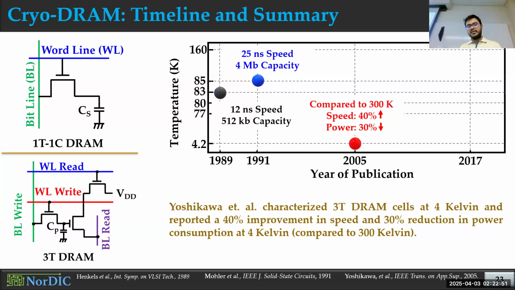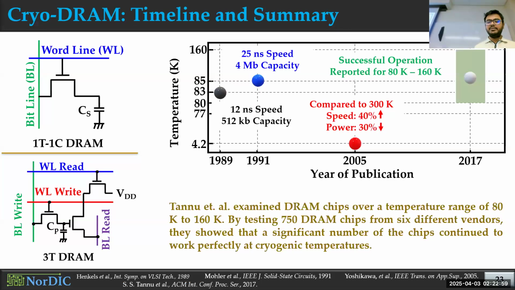That proves all the theories that we have discussed so far, that at cryogenic environment, all the performance metrics should improve. And in 2017, one group didn't design any circuits. They bought 750 DRAM chips from 6 different major industries like Micron, AMD, Intel, and they just took the same chips to different cryogenic temperature ranges.